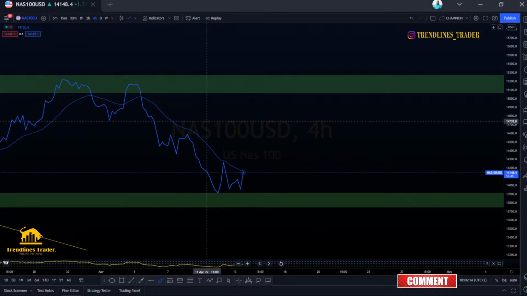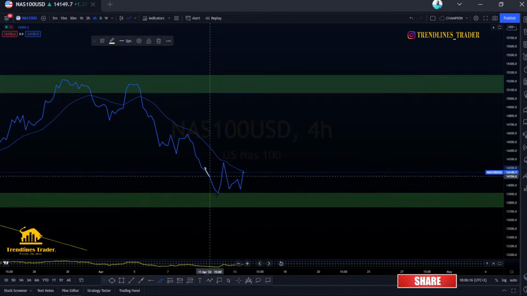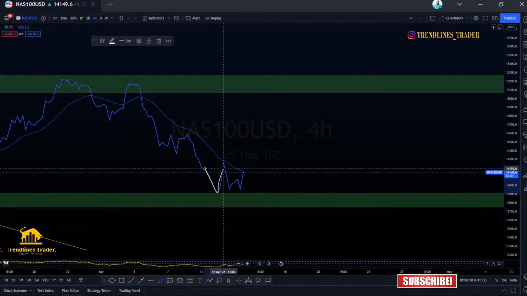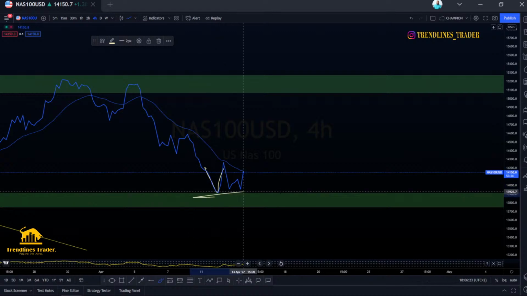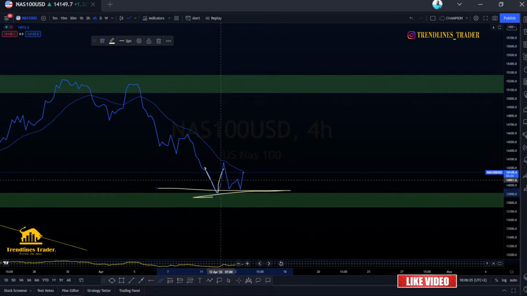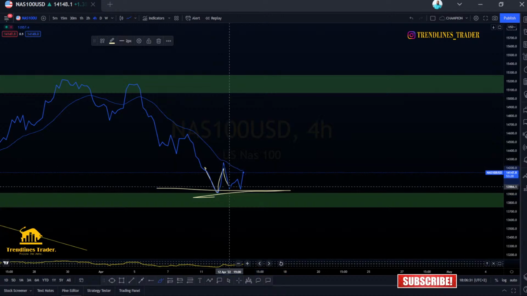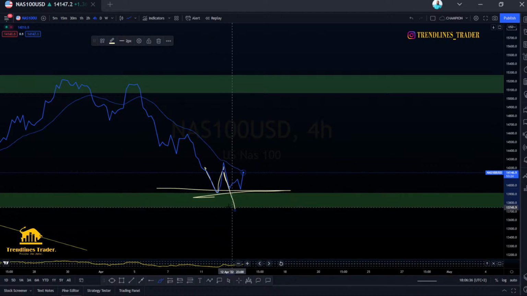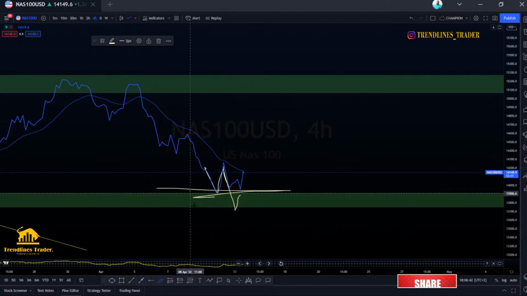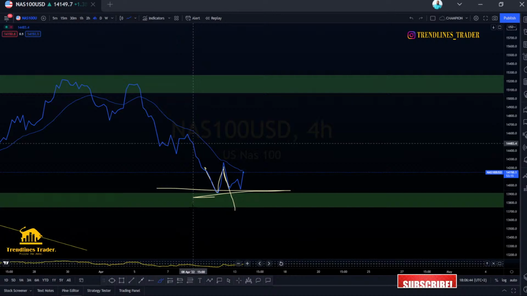So I want you guys to see that this was a very valid point that was made by the price. It was showing us that it was respecting this area, or it was a pullback. Instead of the price, after retesting, as the price was coming to retest, breaking out of this area and giving us a lower low, because this is something that I want you to see.